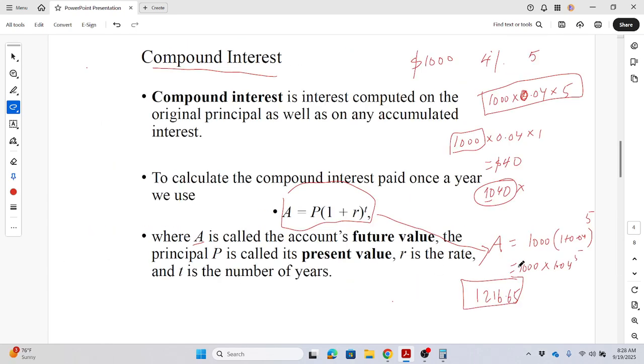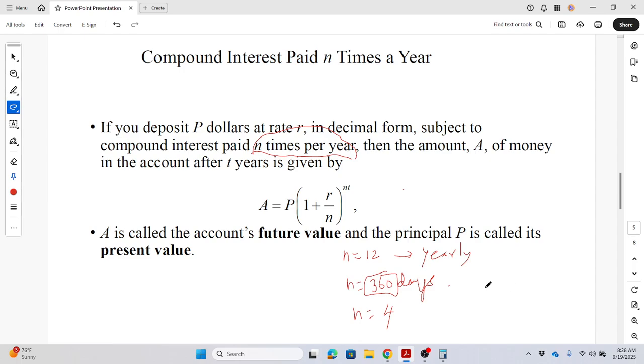Let's say you invest $1,000 for the next 5 years with a 4% compounded yearly package. Finally, you are going to get $1,216.65.